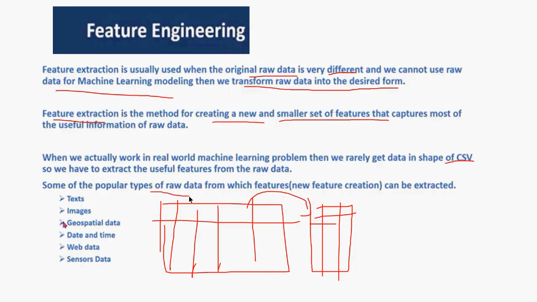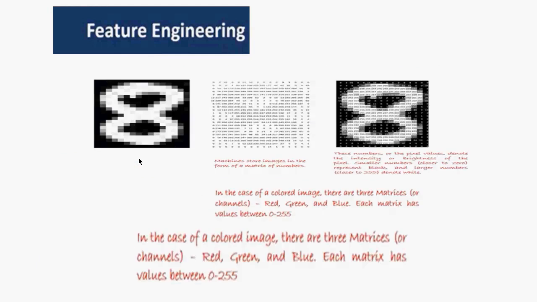So the popular raw data types are in which format? It's in a text format, or image, or geospatial data, or blog, or web data, or census data. Data can be available in any of these formats, which is called raw data.